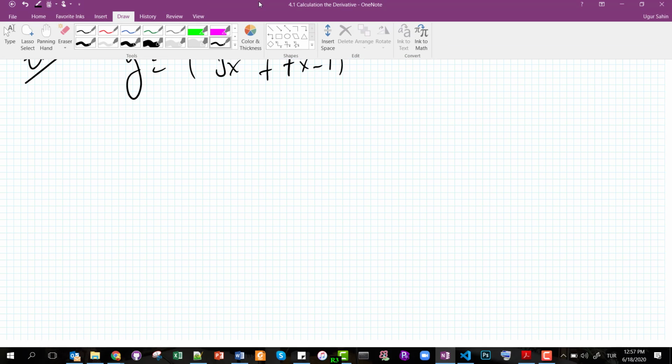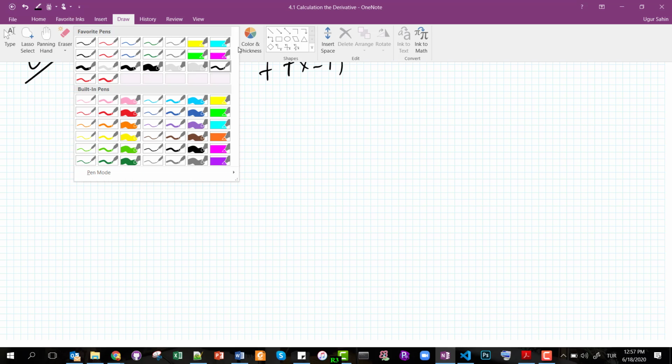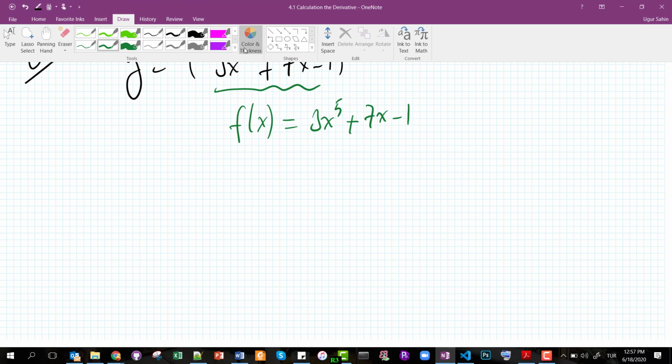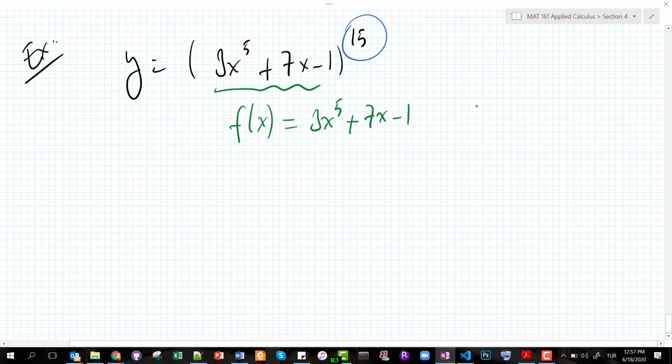What are they? I have a power function, and also a polynomial function here. So if I call this f of x, and my g of x, f of x is equal to 3x^5 + 7x - 1. And then my g of x would be equal to this function.